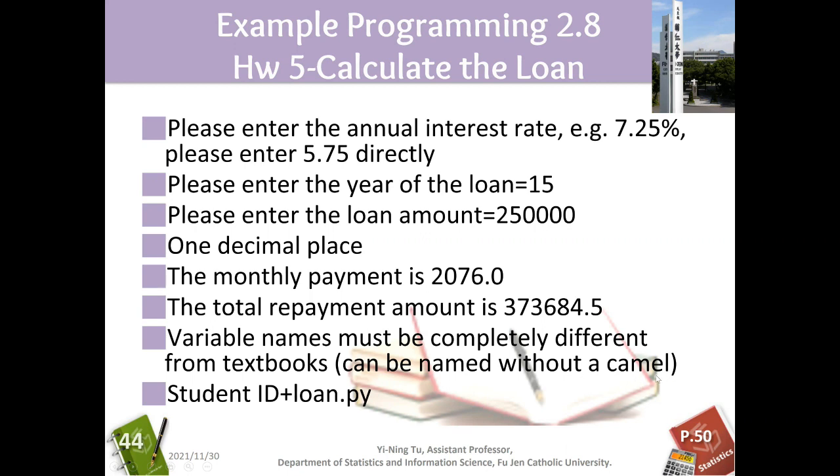We call that camel case. So you can do it without the camel case. Okay, so I want you to practice these questions. Make your file name student id plus loan.py.